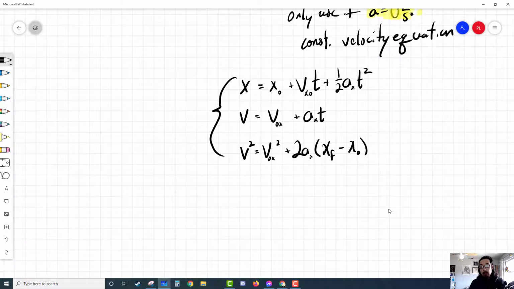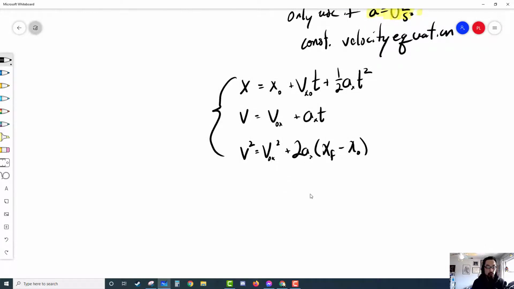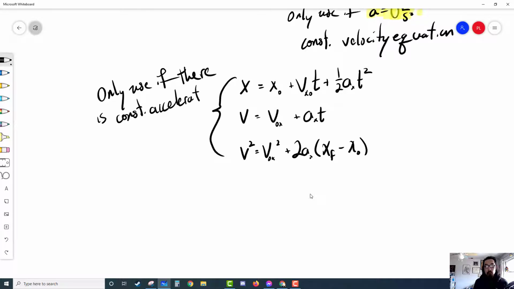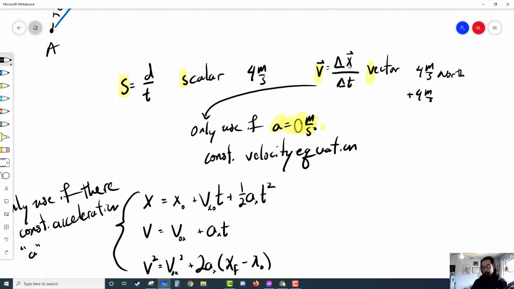Now, the reason why we have these 3, and this is one of those highlighter moments, is that we can only use them if there is constant acceleration. Notice in all 3 of these equations we have the variable a, versus up here with the delta x over delta t, there is no acceleration, because the acceleration is 0.